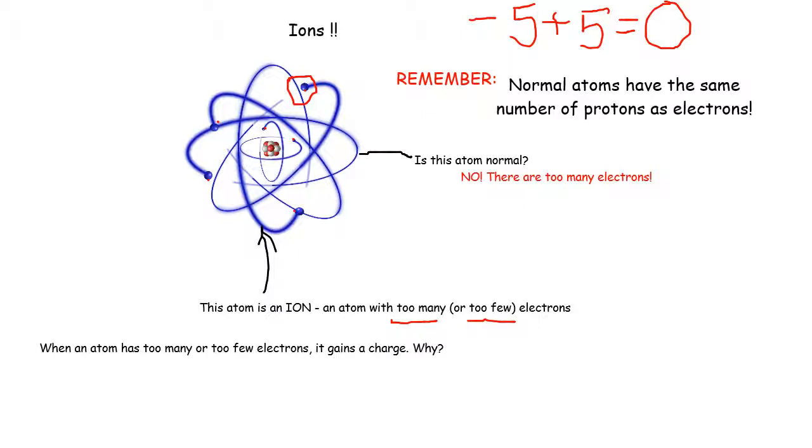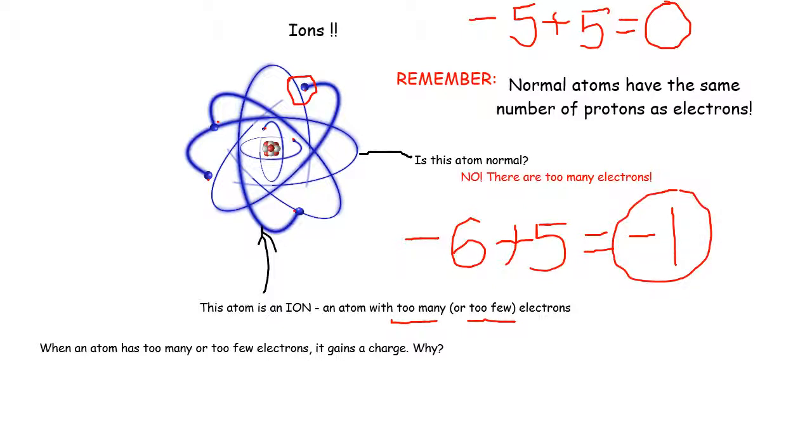Why is that the case? The reason is because if I have negative 6, which here represents the electrons in the boron, and 5 protons, then I have a total charge of negative 1. So this negative 6 represents the electrons.